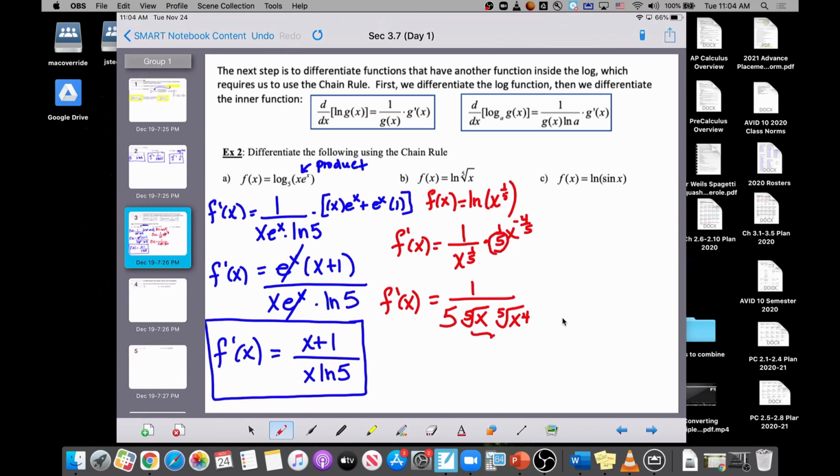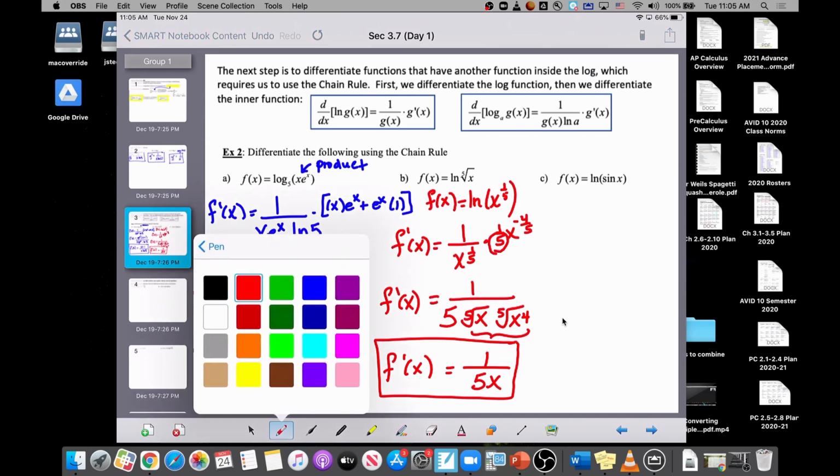But notice that these two together, the 5th root of x times the 5th root of x to the 4th, if I were to multiply those would make the 5th root of x to the 5th, which just makes x, right? So my final answer here is going to be f prime of x is equal to 1 over 5 times x. So that one simplified quite nicely compared to what we started with.